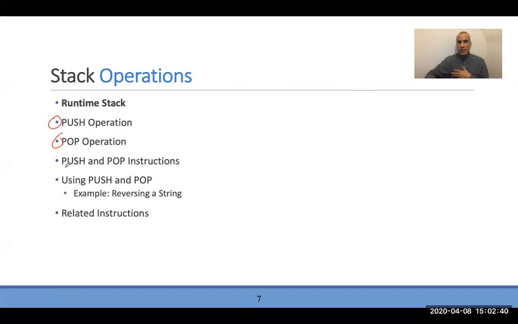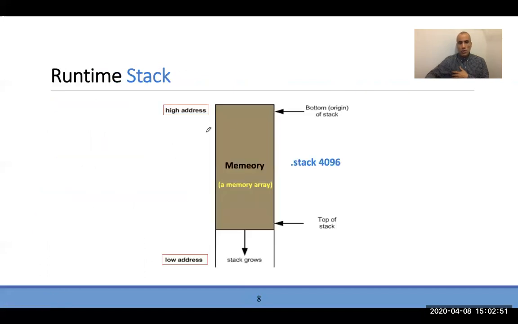Then we're going to look at some examples of when you use the stack to save some data, and some related instructions. All right, so when I say the stack, I'm talking about memory. As I promised you, this is not something software or whatever you learned in data structures. This is a hardware stack. So this is your memory. Part of your memory is assigned as a stack.